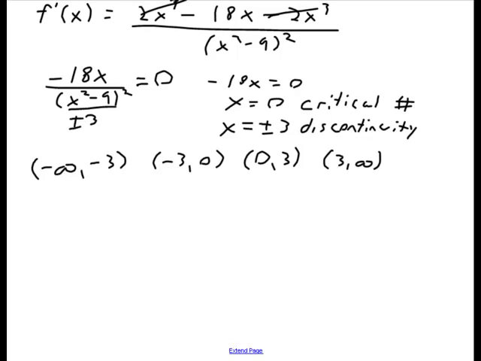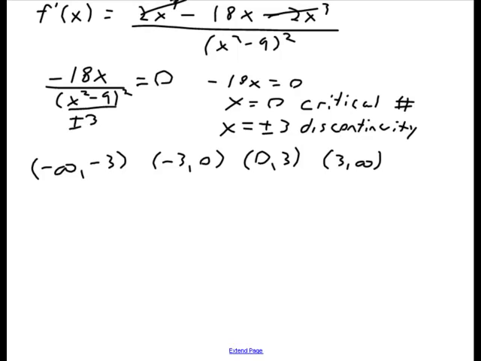So we've found those points where it can change, and we set up intervals, and now we're going to say, okay, if it's increasing at any place in this interval, it has to be increasing everywhere. And if it's decreasing at any place on the interval, it has to be decreasing everywhere. So now the question is, how do we find whether it's increasing or decreasing? We can just plug a number into our derivative, because the derivative is the slope of the curve.